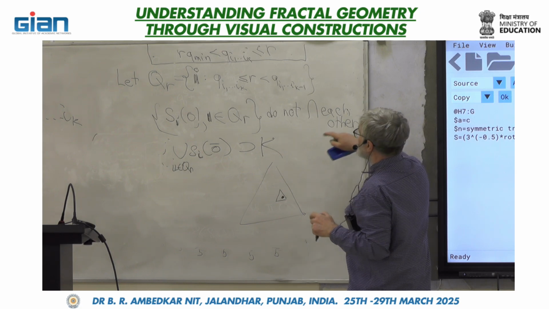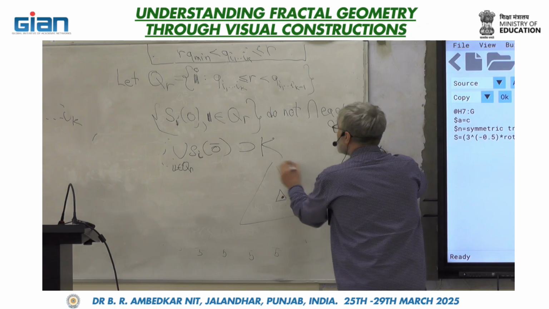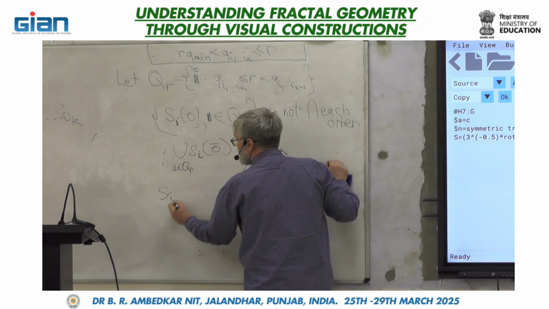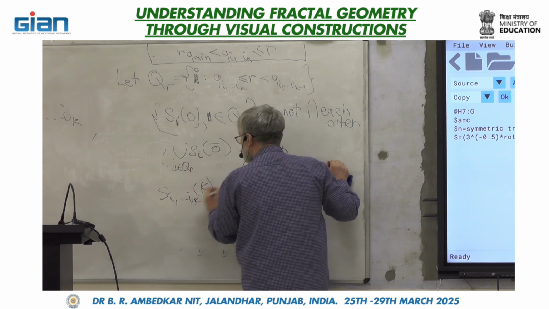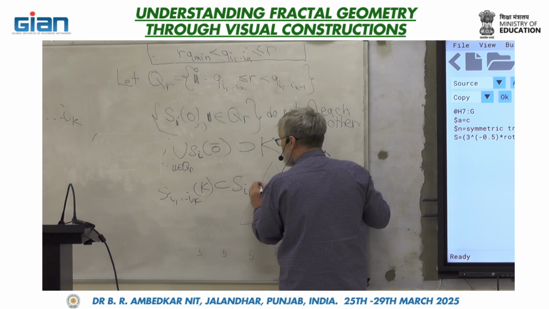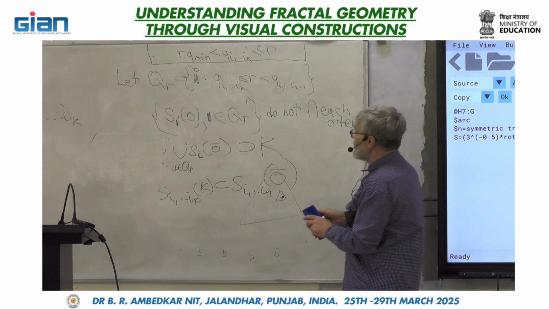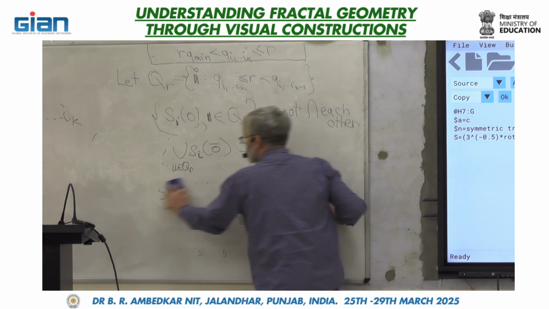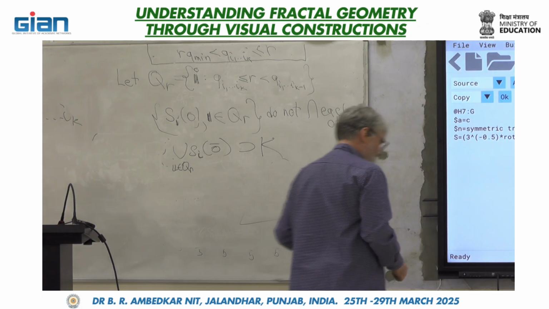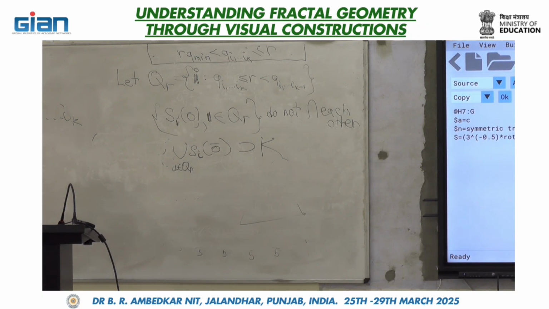But each copy Si1...Ik of K is contained in Si1...Ik of the closure of O, because K is contained in the closure of O. Therefore, this union contains the whole K. This is a very good family, because it consists of images of O which cover the whole K, and they are approximately of the same size, and their interiors do not intersect each other.